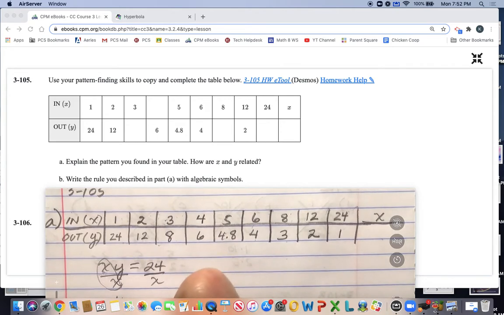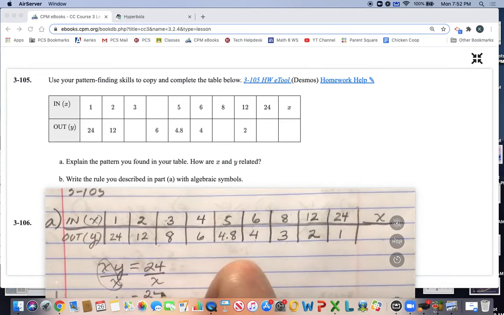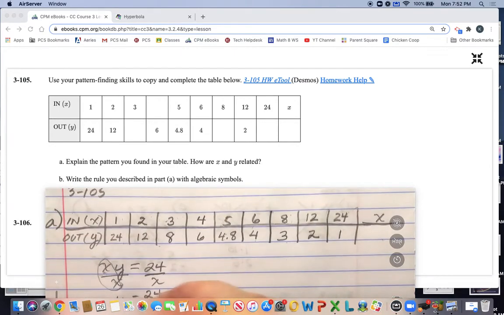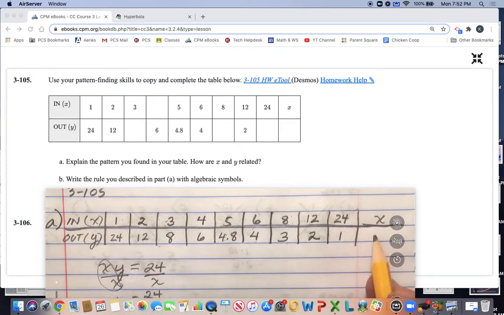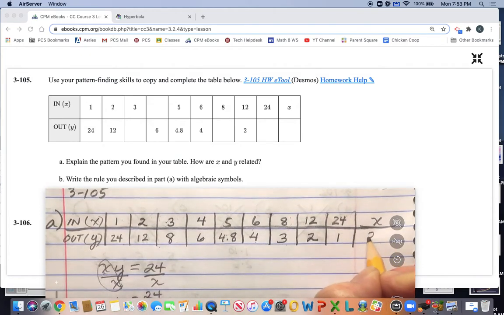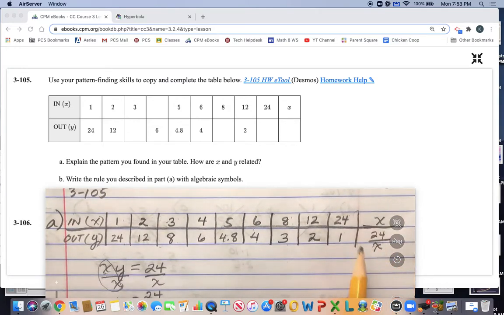So this would just be Y. And then over here, it would be 24 over X, or 24 divided by X. And so that's how I can express what Y is. X is just X, but Y is equal to 24 over X, or 24 divided by X. So I put that in the table.